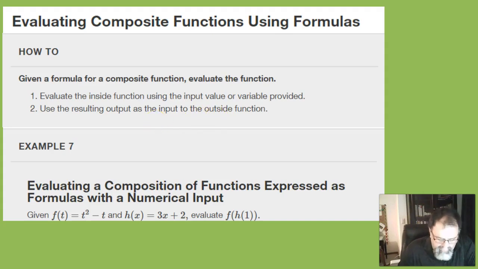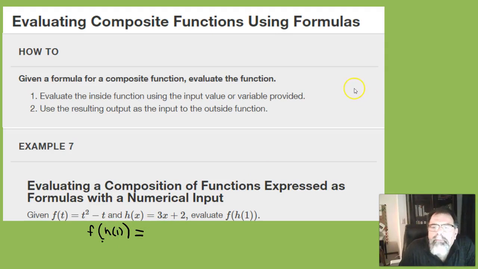Okay, so we're going to start with, given f of t is t squared minus t, and h of x is 3x plus 2, evaluate f of h of 1. So f of h of 1, we're going to plug 1 into the h function first. So there's two ways you could do this. Sometimes I'd say, all right, let's just on scratch work figure out h of 1.